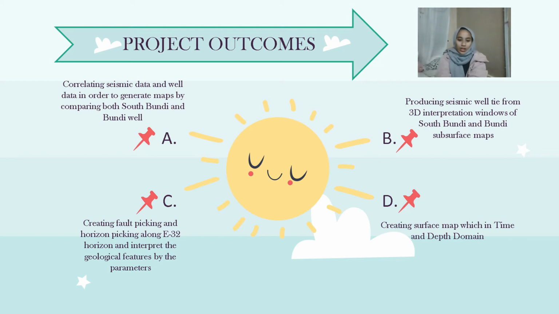We are also doing the fault picking and horizon picking along the E32 horizon, and interpreting the geological features by the parameters. Other than that, we are creating a surface map in the time and depth domain of the inline and X-line E32 horizon.